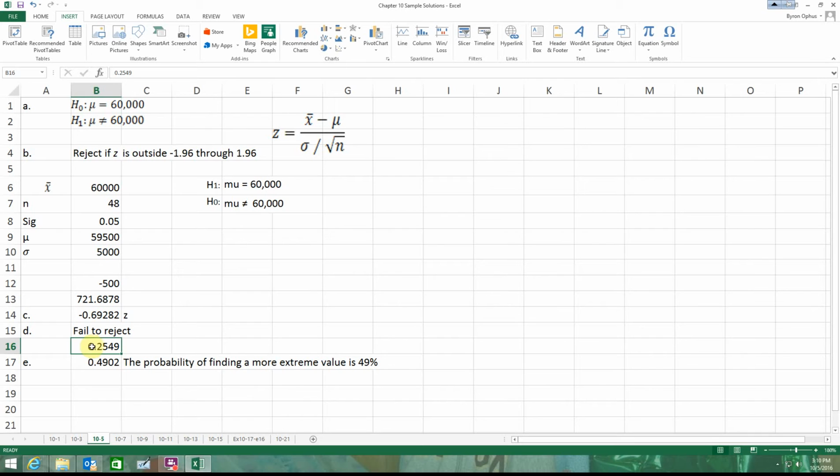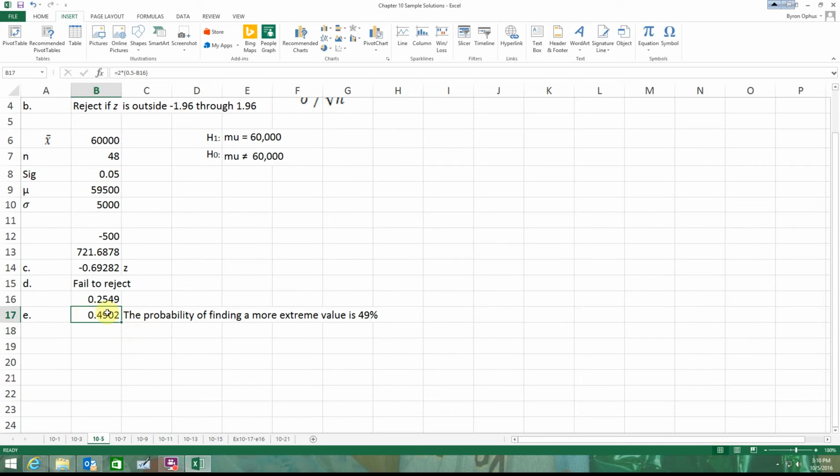Okay, but that's going to be just on one side. So I can go to the other side and I calculate that amount too, and thus for a two-tailed test, I got to take that times 2.